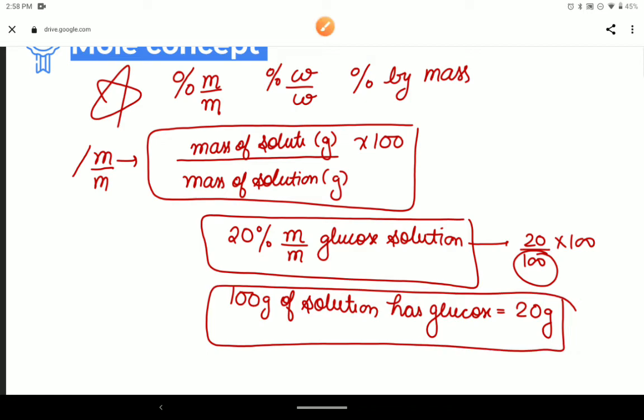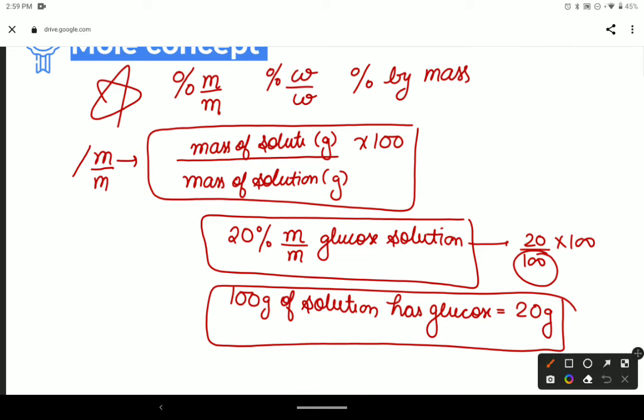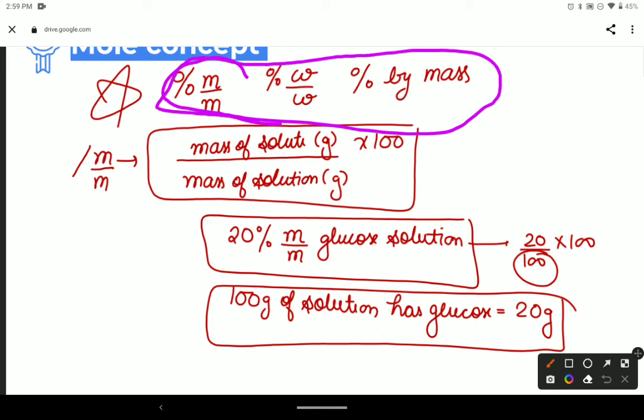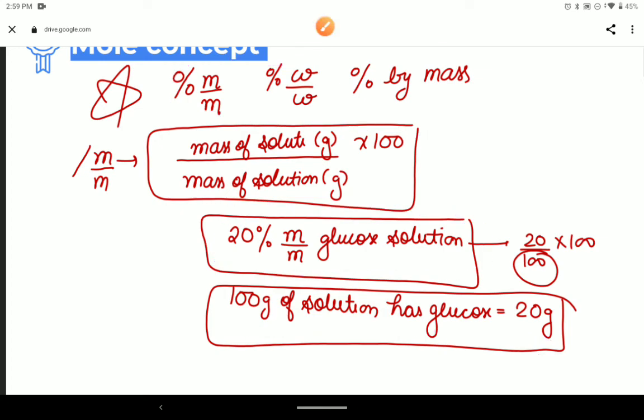The same refers to percentage weight by weight, percentage by mass, percentage mass by mass. If any of these three was given in the question, it means in 100 grams of solution, the solute present is 20 grams, in this particular example. Okay.